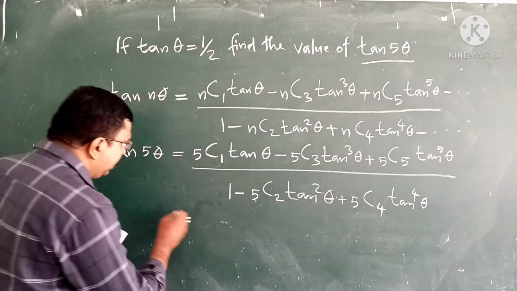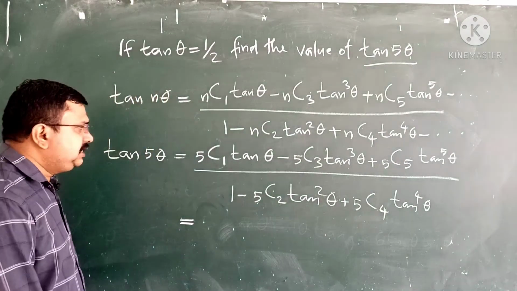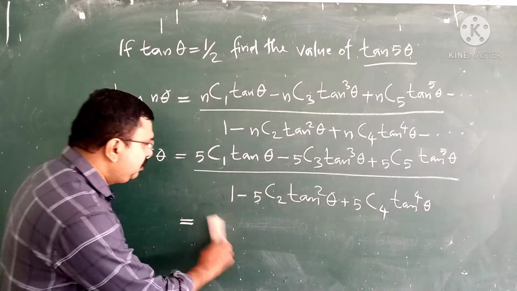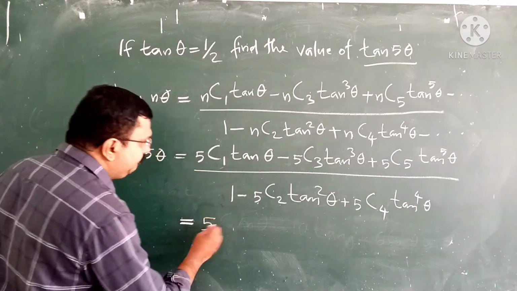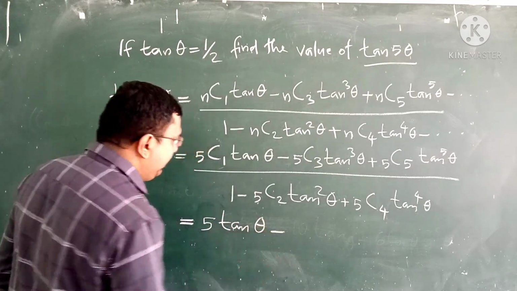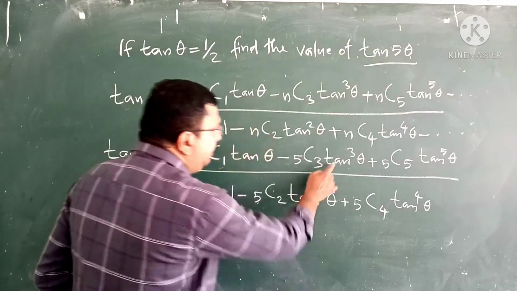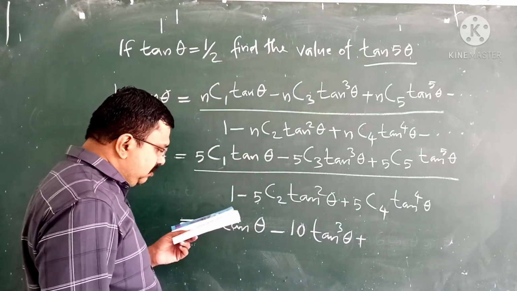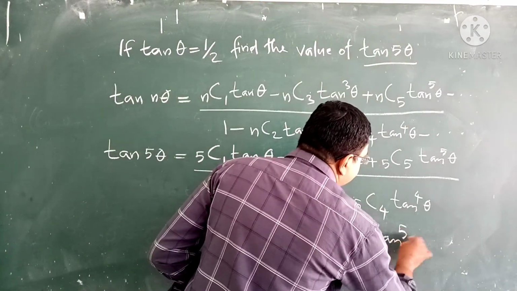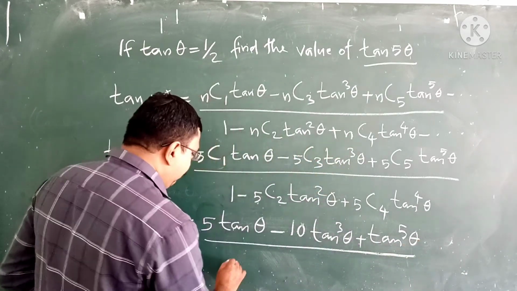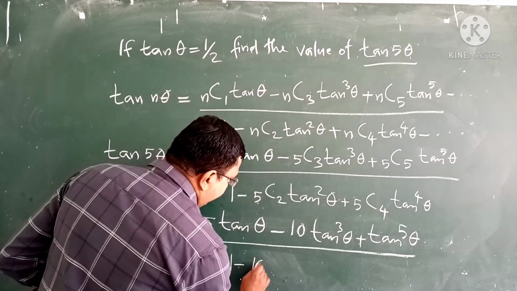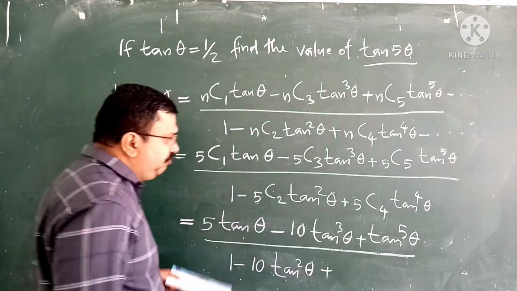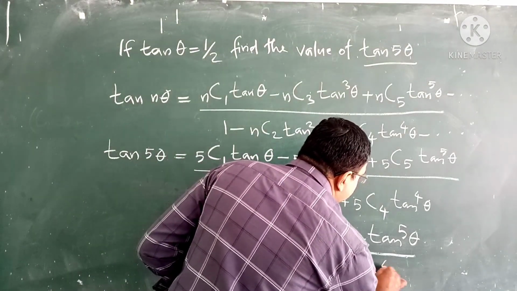That is equal to 5C1 tan theta. 5C1 is 5, so 5 tan theta, minus 10. 5C3 is 10, so 10 tan cube theta, plus 5C5 is 1, then tan raised to 5 theta, the whole divided by 1 minus 5C2 is 10, 10 into tan square theta, plus 5C4 is 5, 5 into tan raised to 4 theta.